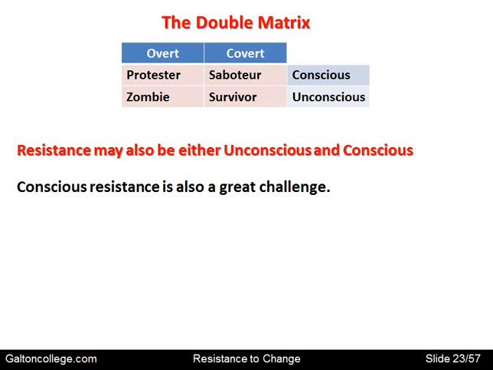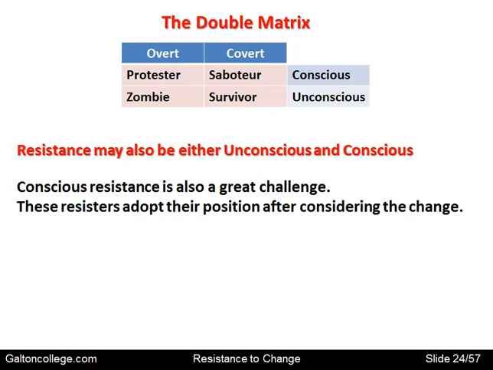Conscious resistance is also a great challenge. These resistors adopt their position after considering the change. So these are conscious resistors. These ones have thought about it. They know what the change is, they know what the proposals are, and they're looking to resist the change.